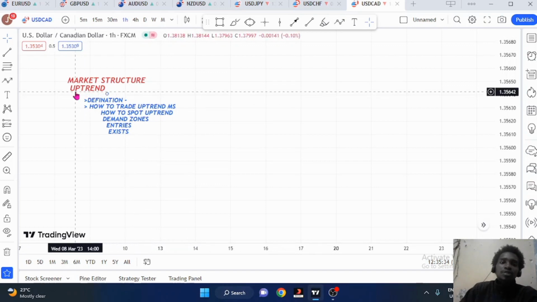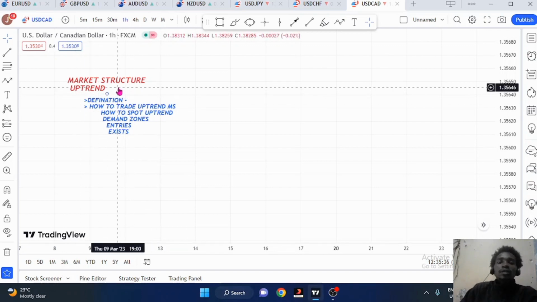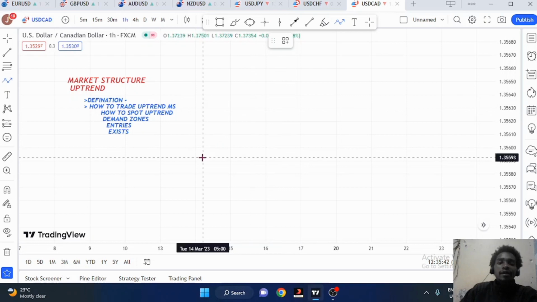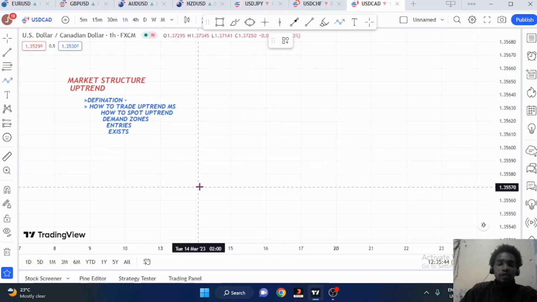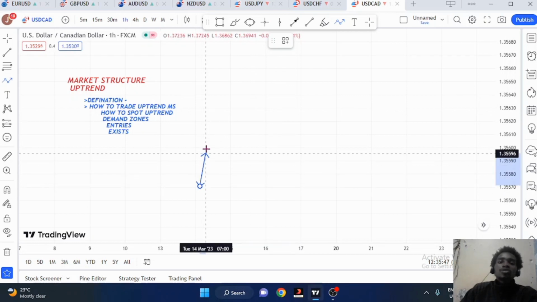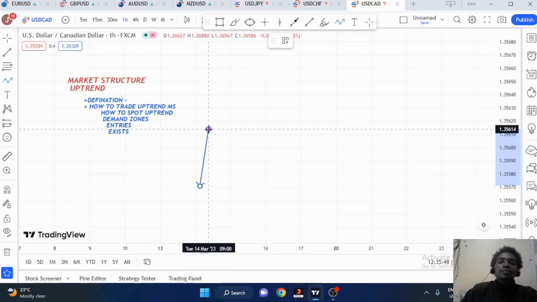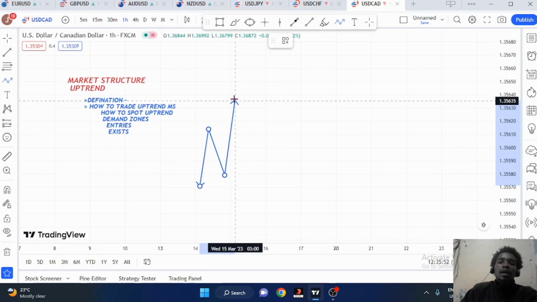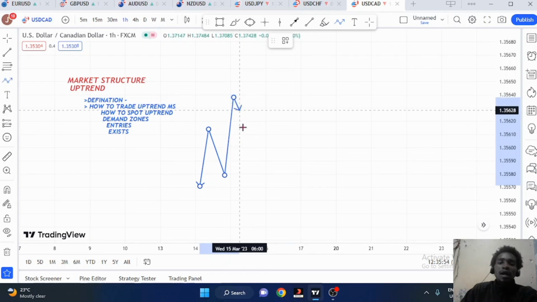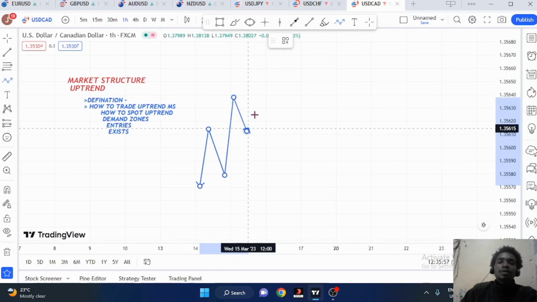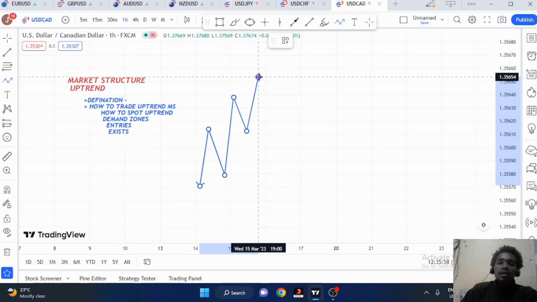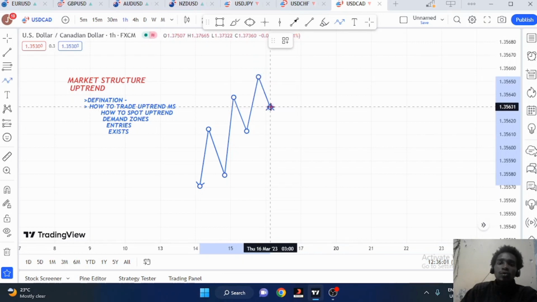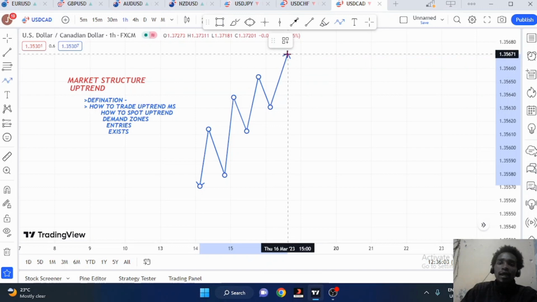Now, what is an uptrend market? An uptrend market is when the market is making highs and higher lows. If a market makes a high, then makes a higher low, makes another high, makes a higher low, makes a high, and makes a higher low, and also makes a high.